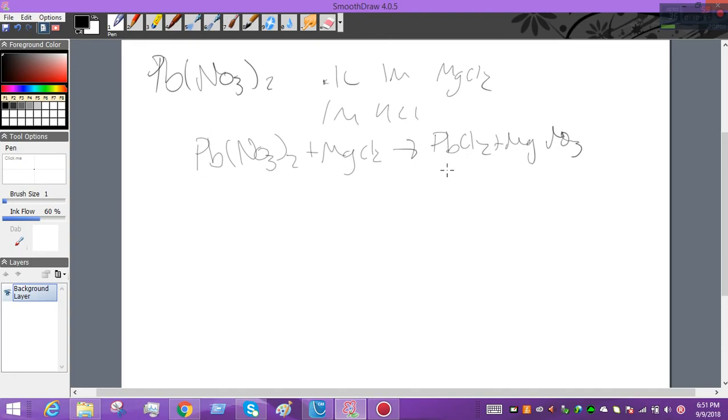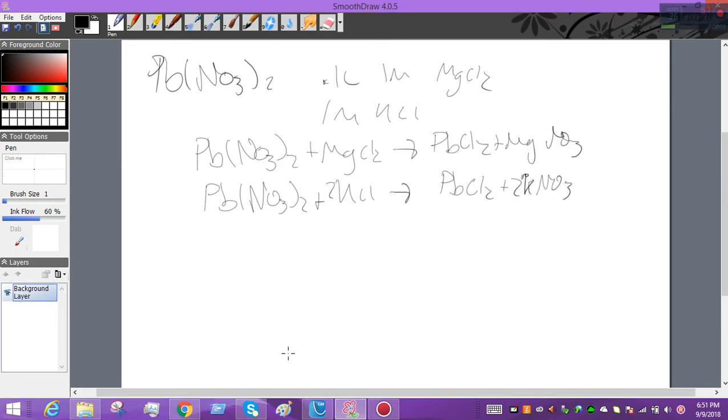So we essentially need 1 mole of lead for every 2 moles of chlorine, and essentially 1 mole of that for every 1 mole of that. Okay, and then we have Pb(NO3)2 plus KCl gives PbCl2 plus KNO3, and this would be 2.